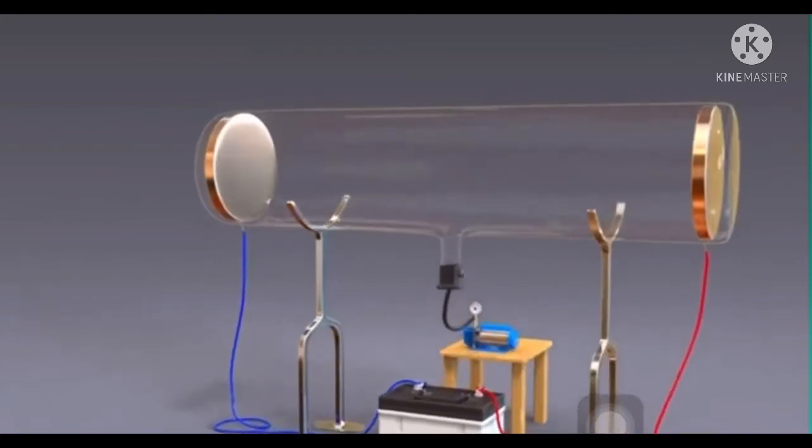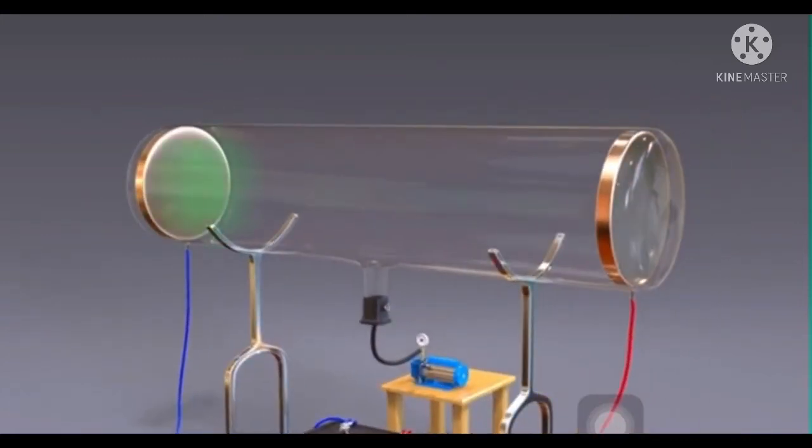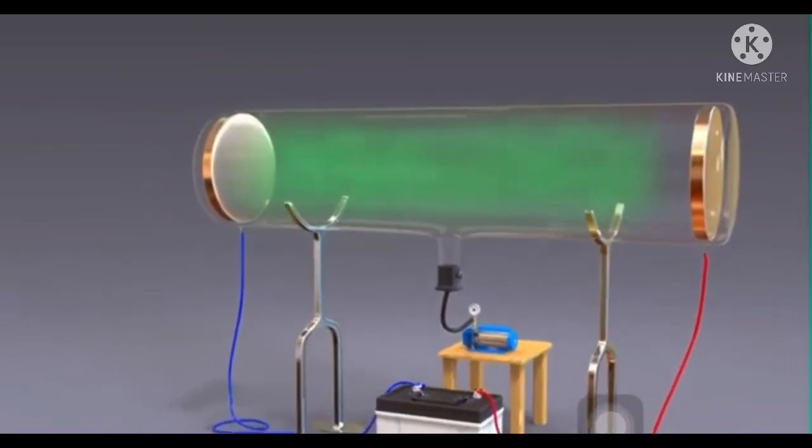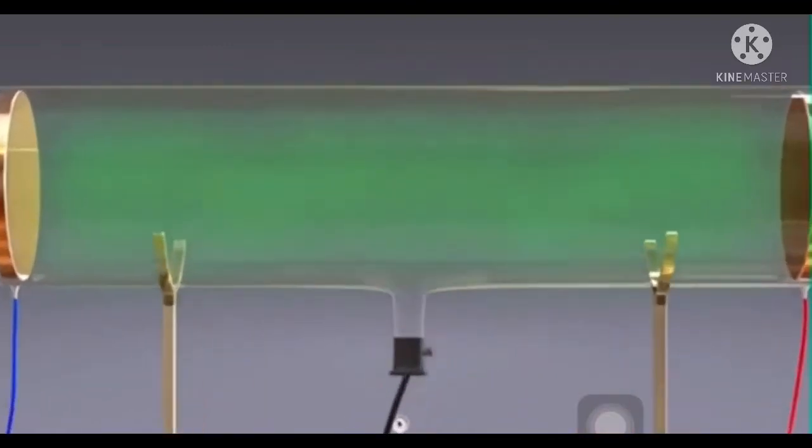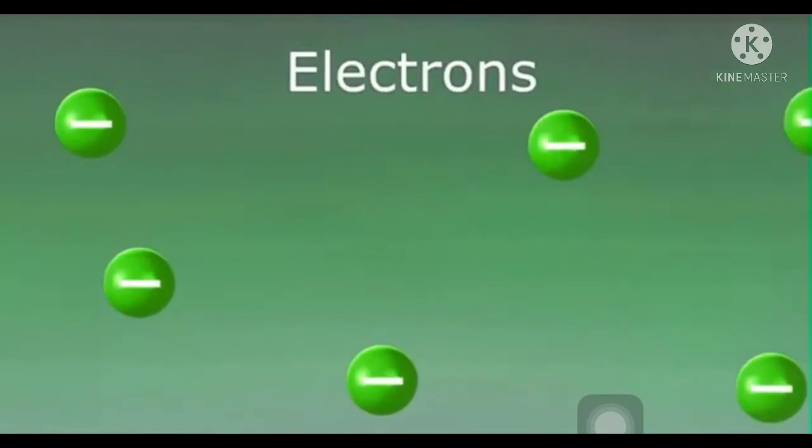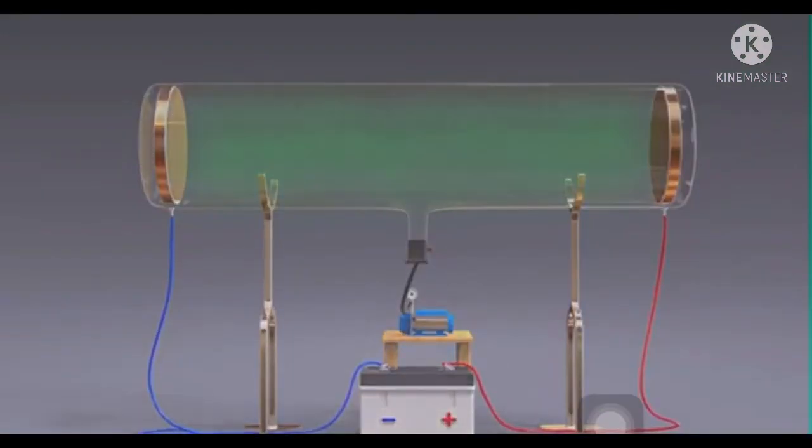On passing the electric current, the rays produced are called cathode rays, which were attracted towards the positively charged anode. So it means the rays contain negatively charged particles, which were named by J.J. Thomson as electrons. This is how the negatively charged particles were discovered.